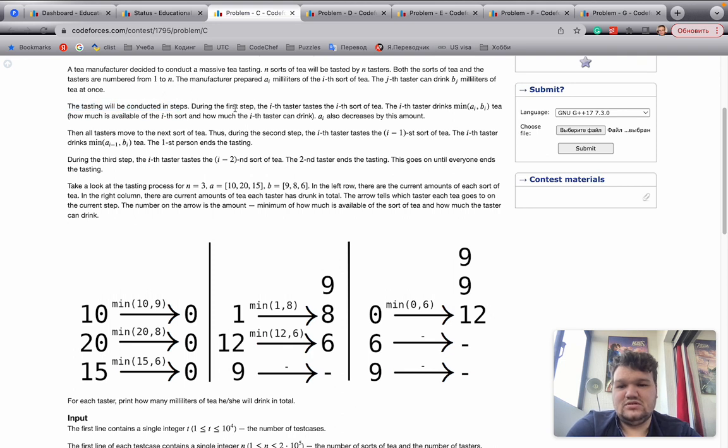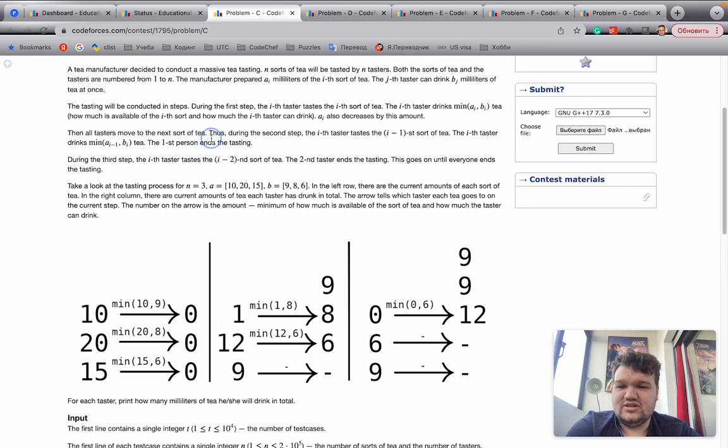In the first step, the i-th taster tastes the i-th sort of tea and just drinks as much as they can. So like the minimum of the volume of that sort of tea and how much they can drink. And then A_i is decreased by that. Only A_i is decreased, B_i is not decreased, right?